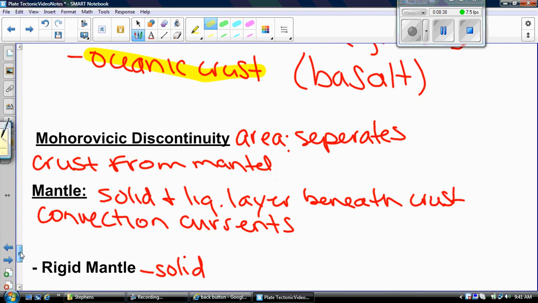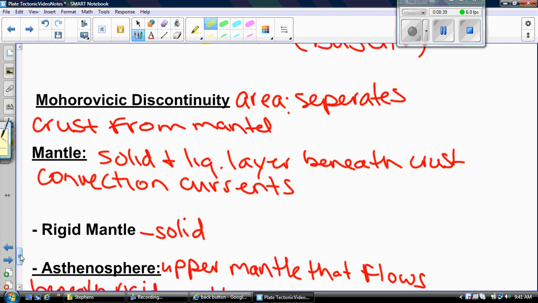Okay, then underneath the Earth's crust, we have what's called the mantle. There is an area that separates the mantle from the crust. We call that the Moho discontinuity. It's just an area that is separating the crust from the mantle. Then we get into the mantle.